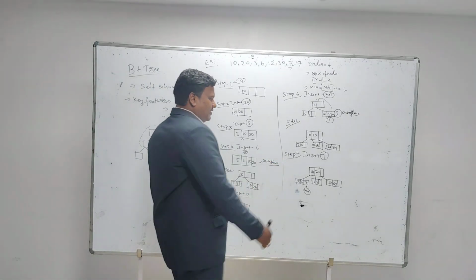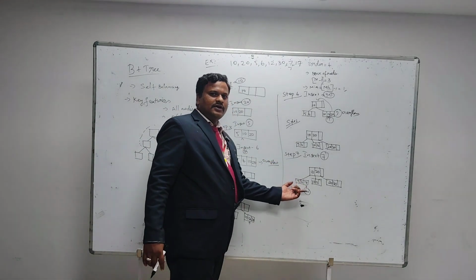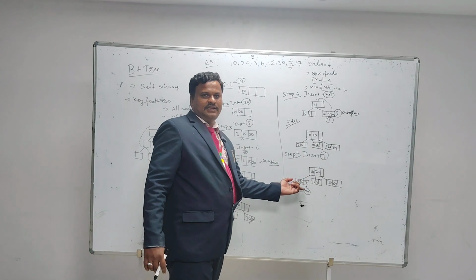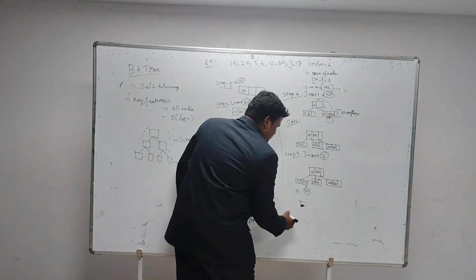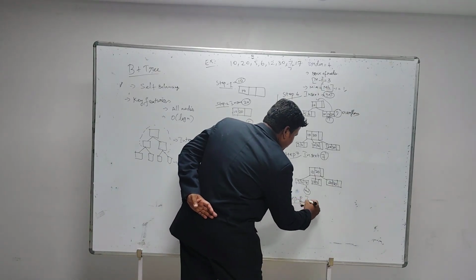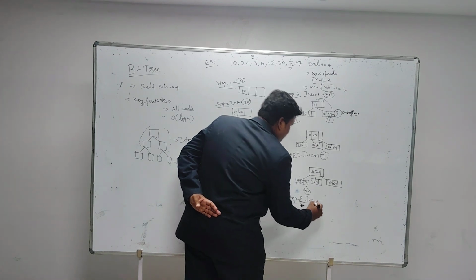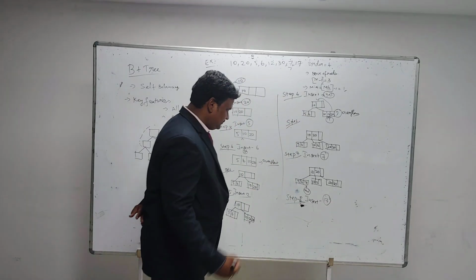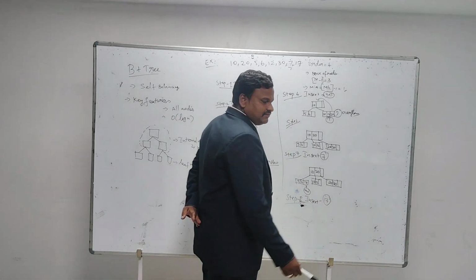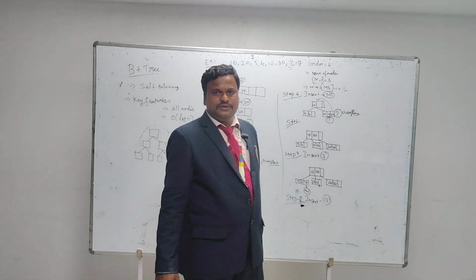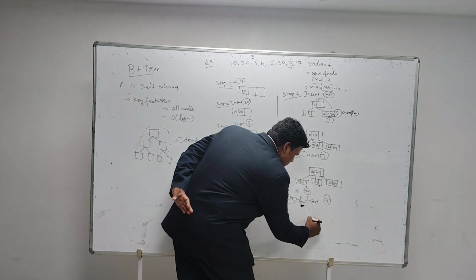Here we don't have any split process because we already have free space. So we insert the new key in the existing leaf. Next, this is step 8. We are going to insert a new key, 17. Where can we insert it? We already have a free space here, so it is possible.